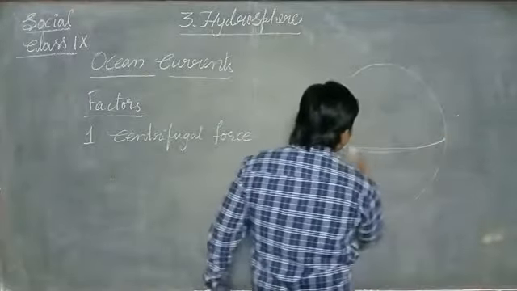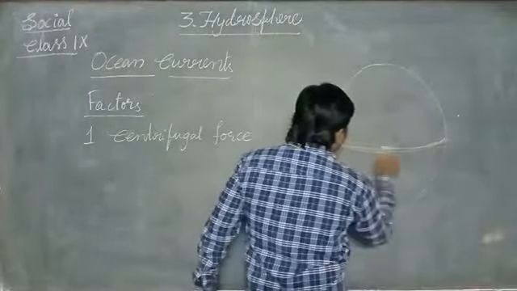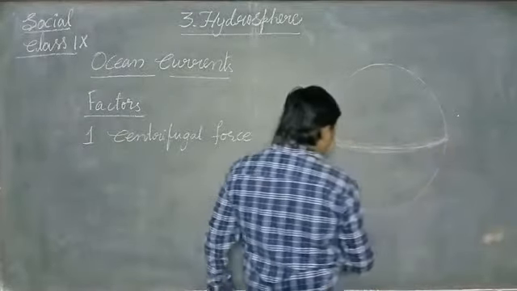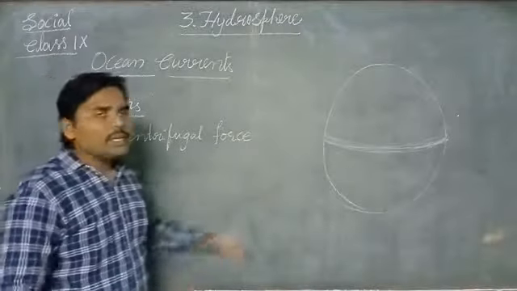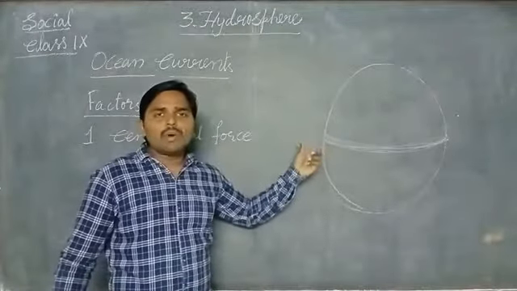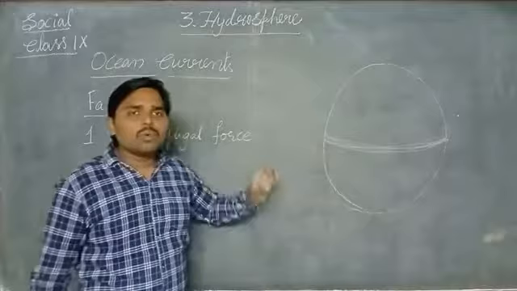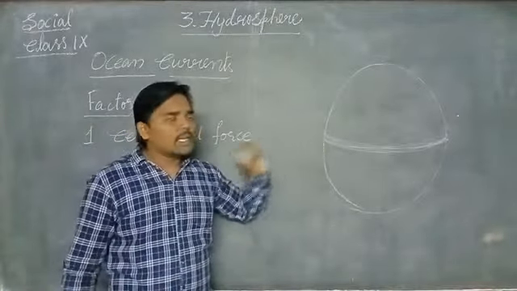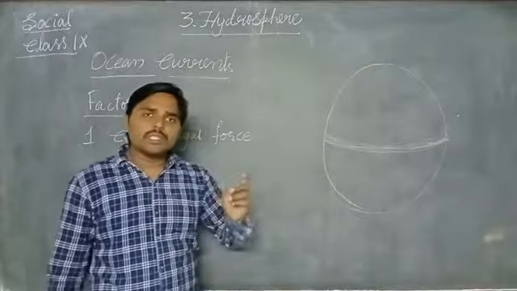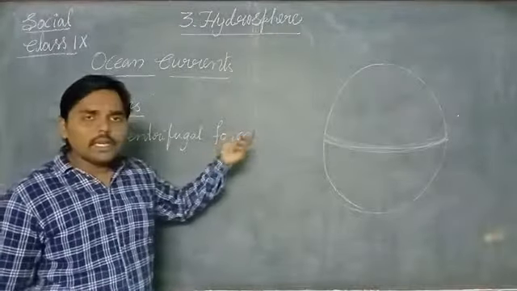Here is the equatorial region, and at the equatorial region also the oceans are present. Whenever the earth revolves around itself, the ocean also revolves around the earth.